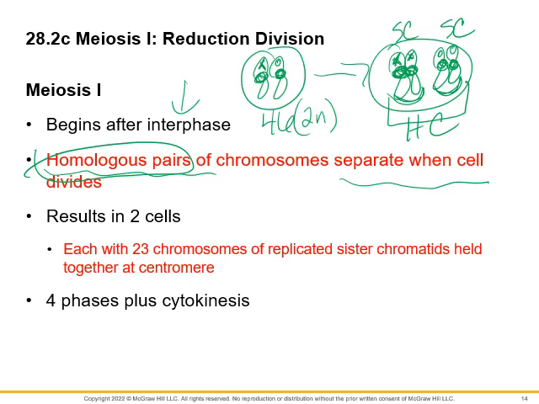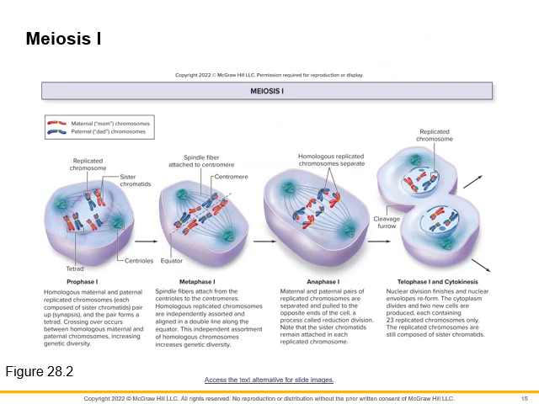So each with 23 chromosomes replicated, sister chromatids are held together at the centromere. And then we're going to go through the four phases of meiosis 1. This is a great image to walk through meiosis 1 where you can see the crossing over. So here are the sister chromatids. These two are sister chromatids. These are sister chromatids.